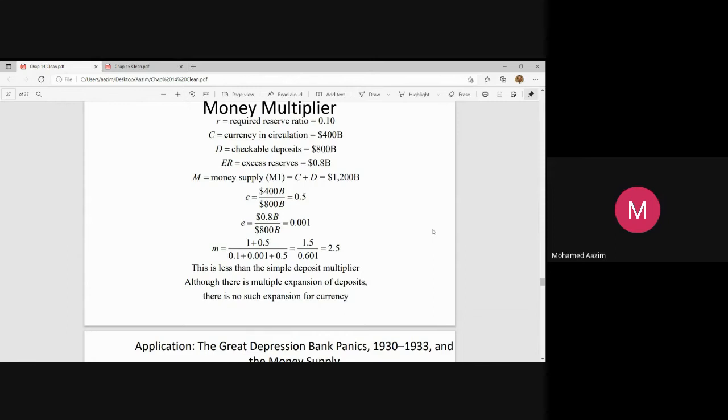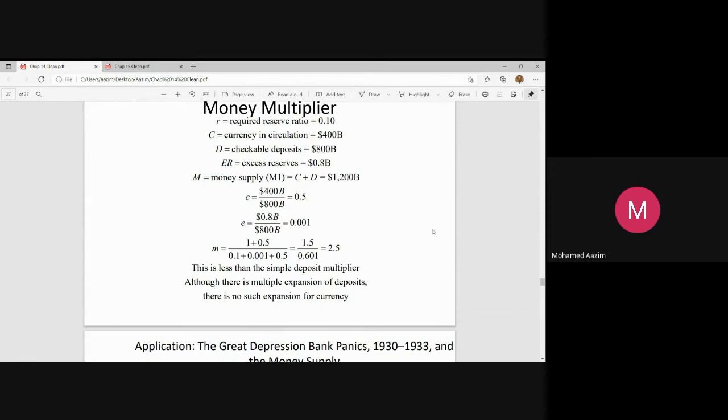Okay. So then you see small e, excess reserve ratio. So the currency ratio is 0.5. Excess reserve ratio is nothing but excess reserves over deposits. Excess reserves here is 0.8 billion over deposits 800 billion.